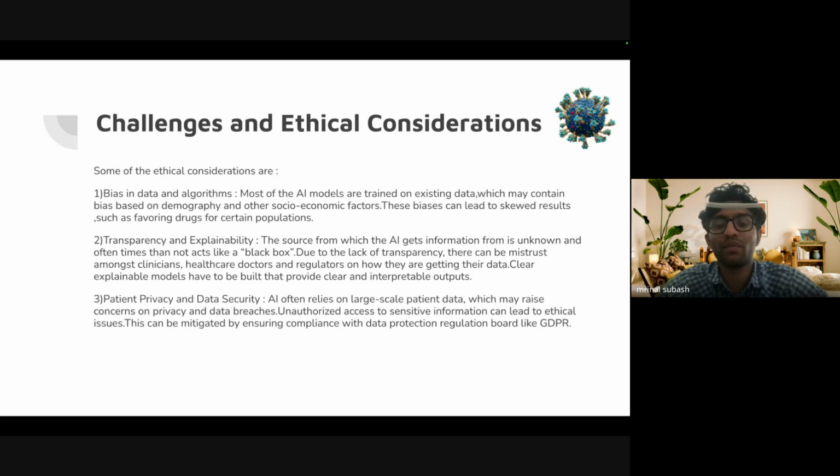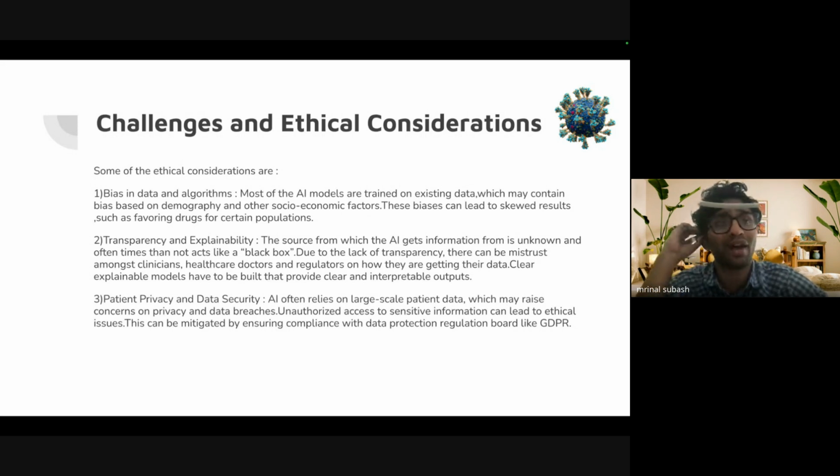Especially when the purpose of the drug is to affect universally. Say for COVID-19, the whole world was affected. But if we had intervened using AI, especially in its nascent stages, when it was trained on existing data and not used to the COVID-19 data sets, and if we had completely relied upon AI, I'm not saying we shouldn't have had AI, but then it would have definitely cost us.